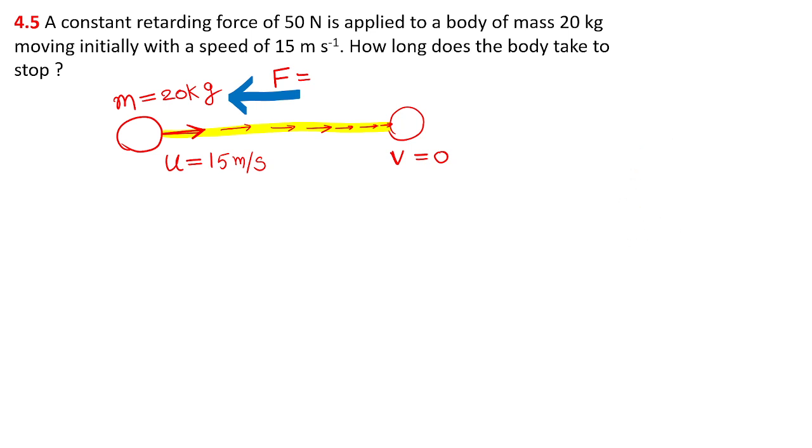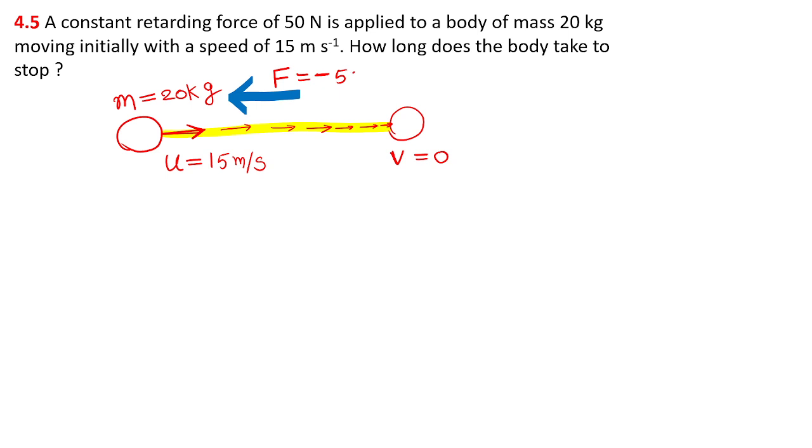So the direction, if the applied force is towards right, there is a sign convention. The sign convention says that if the applied force is towards right, it is written as positive. If the force is applied towards left, the sign will be negative.